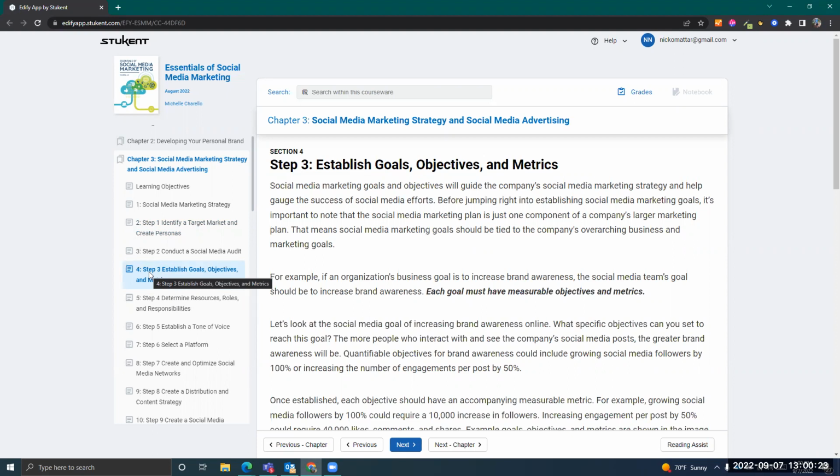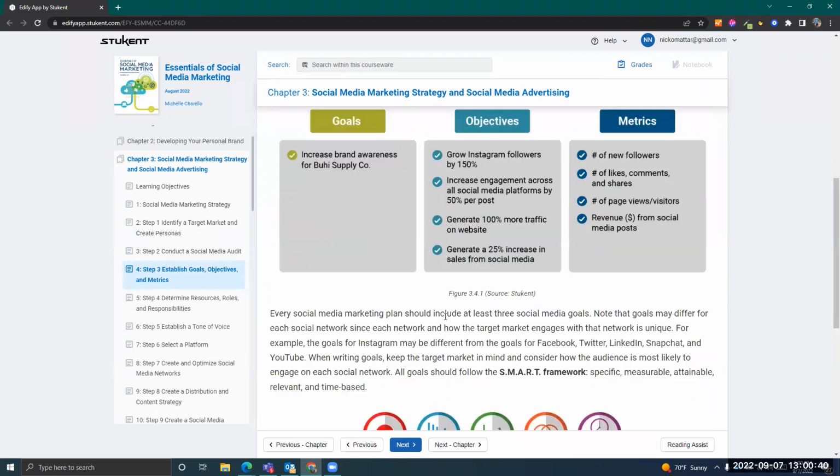I think the establishing of your key performance indicators, or KPIs, is one of the most important steps in the strategy. You need to have goals that are SMART. They need to be measurable. They need to be relevant. They need to be timely.